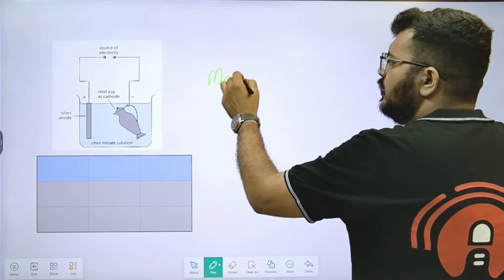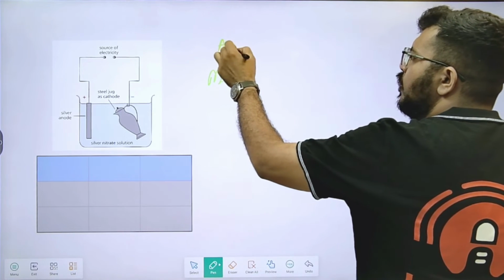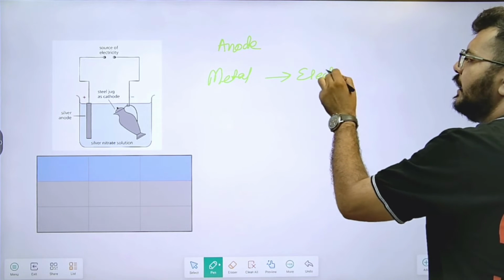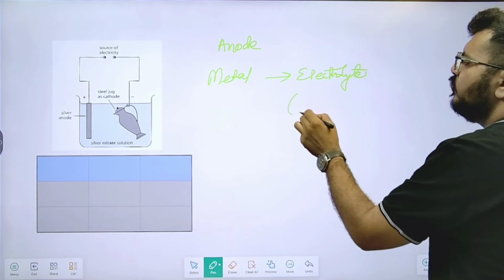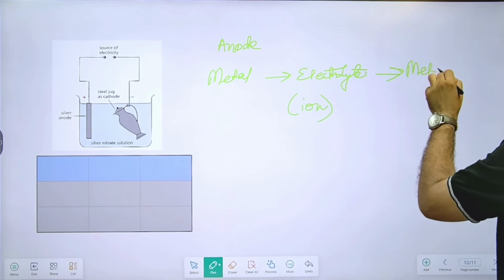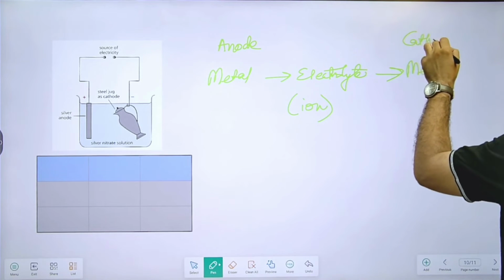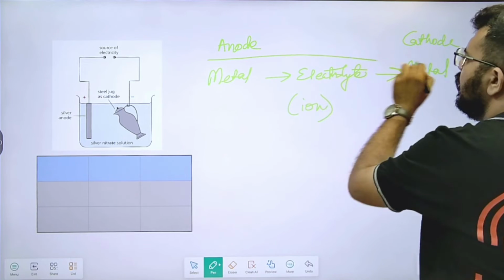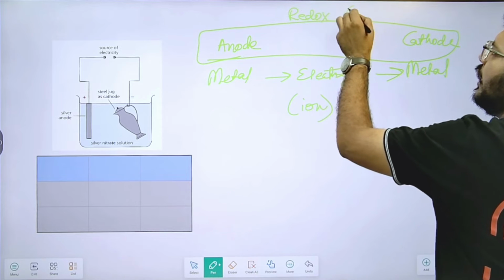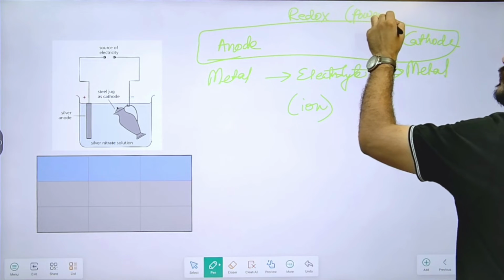That metal can travel from the anode to the electrolyte in the form of ions and back as metal on the cathode, happening due to a redox reaction with the help of a power supply.